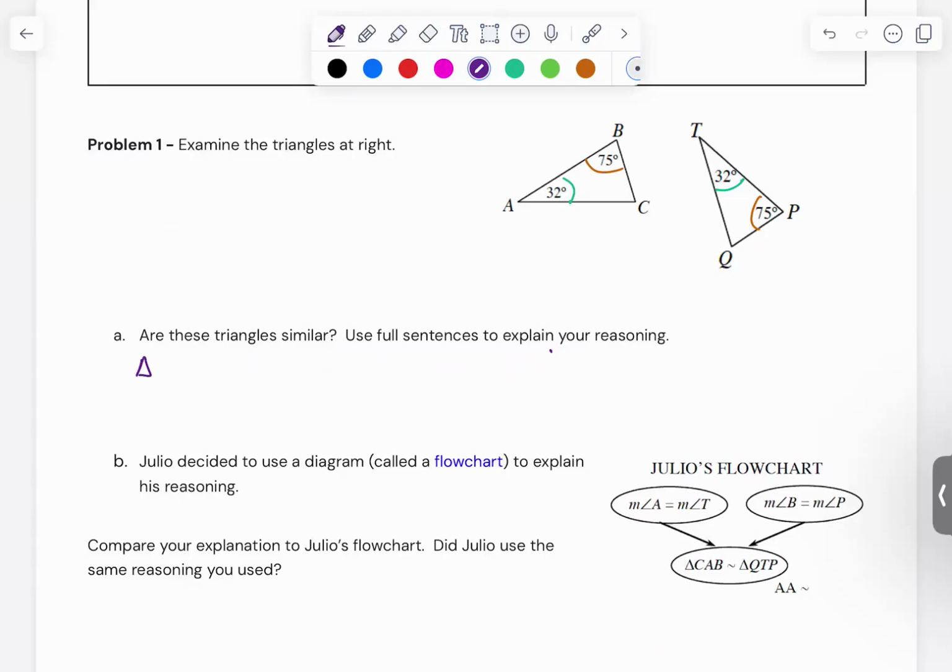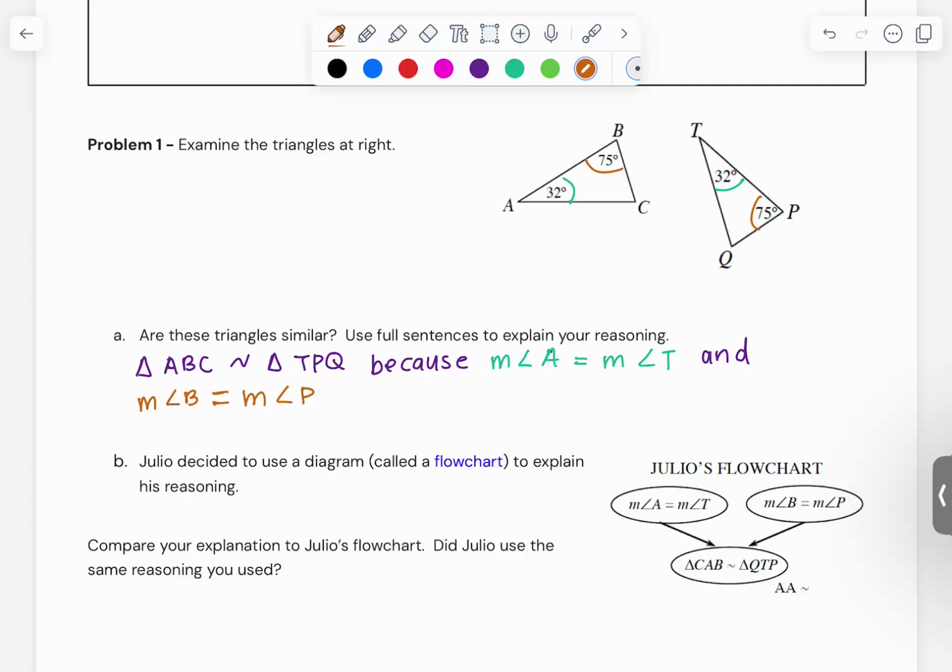Sorry, triangle ABC is similar to triangle TPQ because, and this is our reasoning, the measure of angle A is equal to the measure of angle T. So those two angles are equal, and the measure of angle B is equal to the measure of angle P.